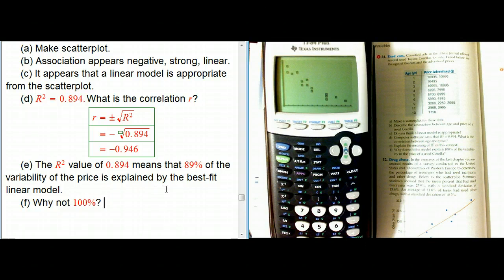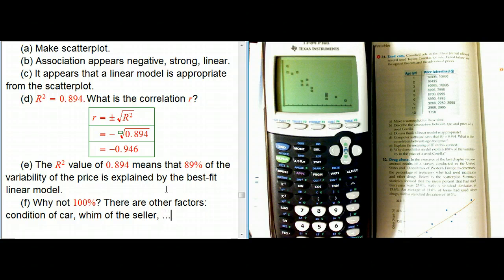Absolutely not. There are always other factors. And so the condition of the car, just the whim of the seller, you name it, basically. We can think of other reasons why the price would be higher or lower than the linear model.